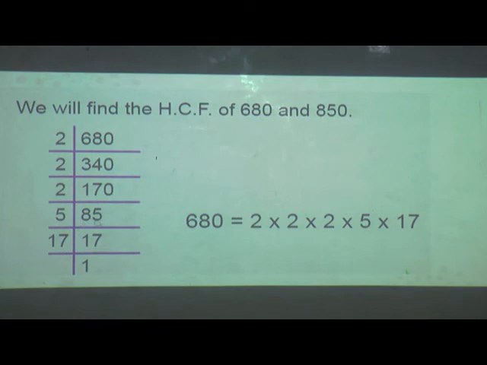We have 5 in the ones place, so it is divisible by 5. 5 ones are 5, 8 minus 5 is 3, so 5 sevens are 35. Now 17 itself is a prime number, so 17 ones are 17. Now we got the prime factors of 680, that are 2 into 2 into 2 into 5 into 17.